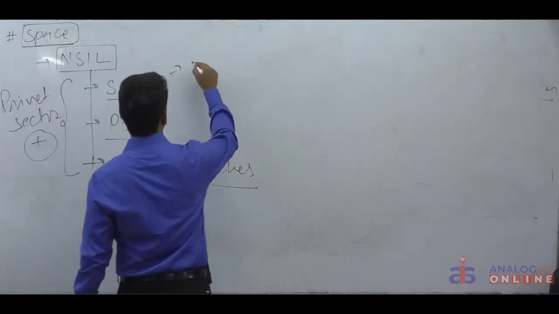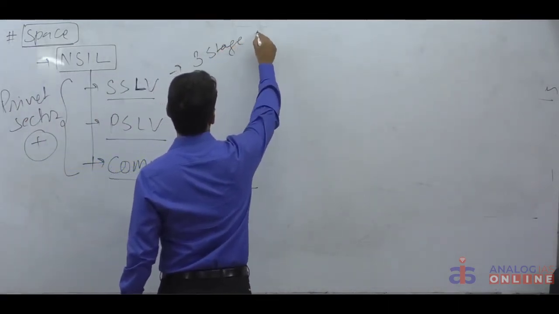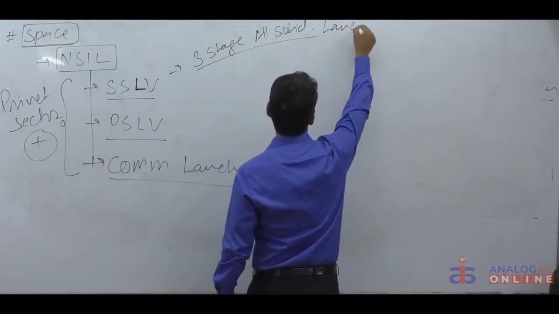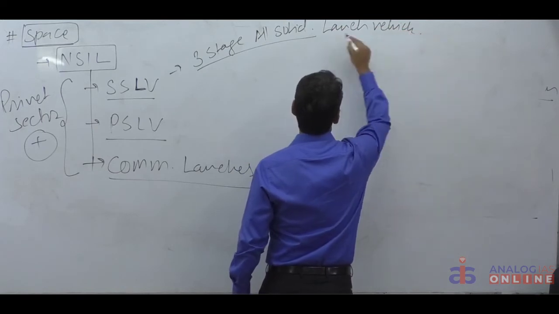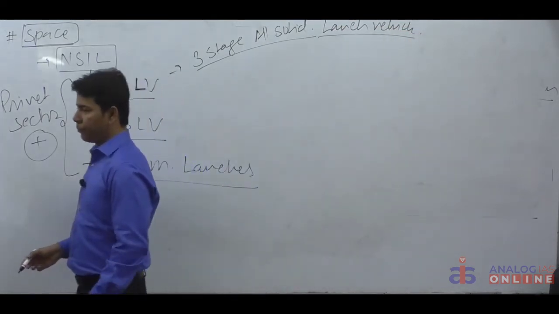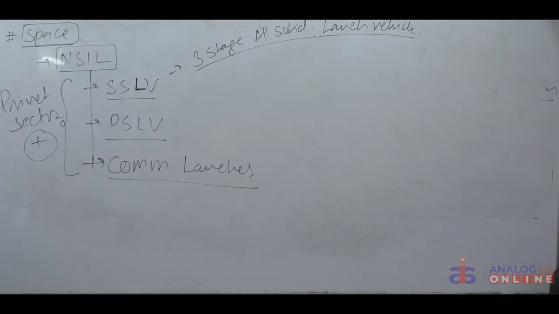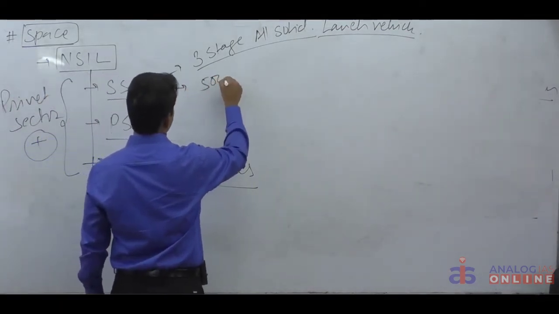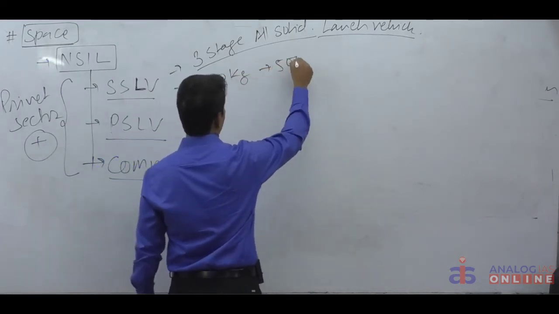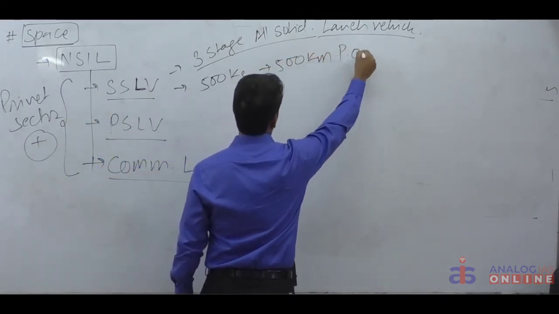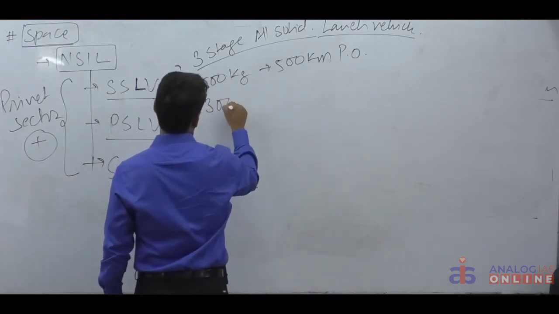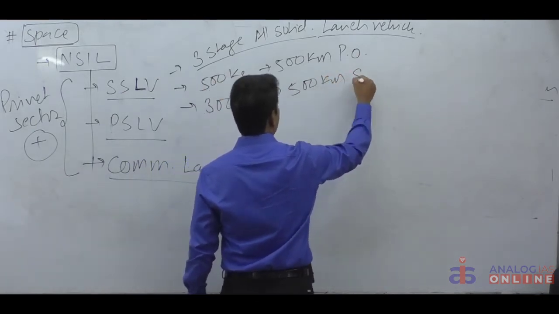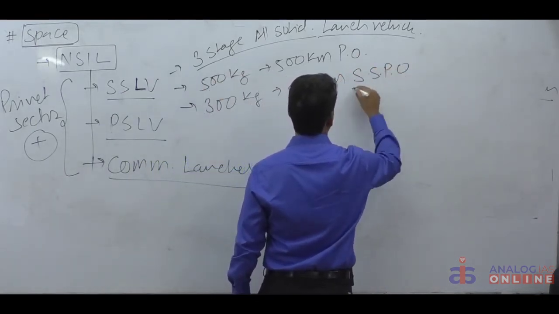SSLV is 3 stages, all solid launch vehicle. And it can lift 500 kg to a 500 km polar orbit and 300 kg to a 500 km SSPO, Sun Synchronous Polar Orbit.